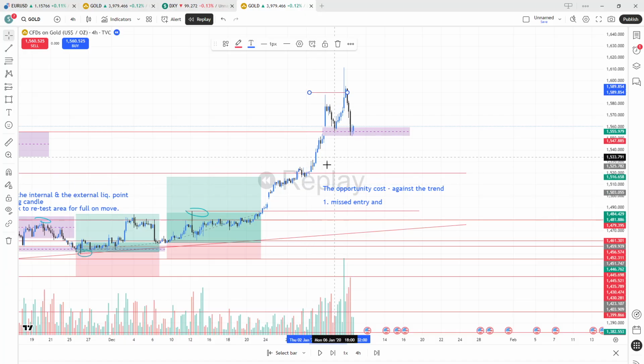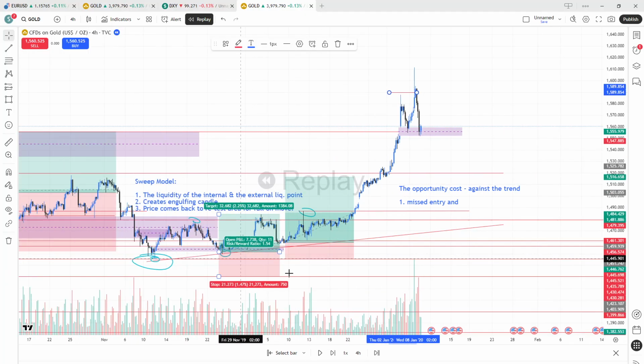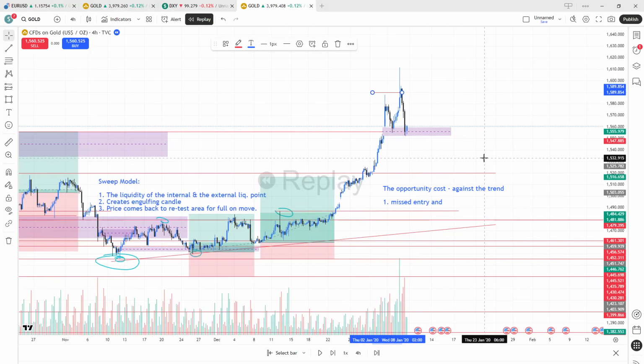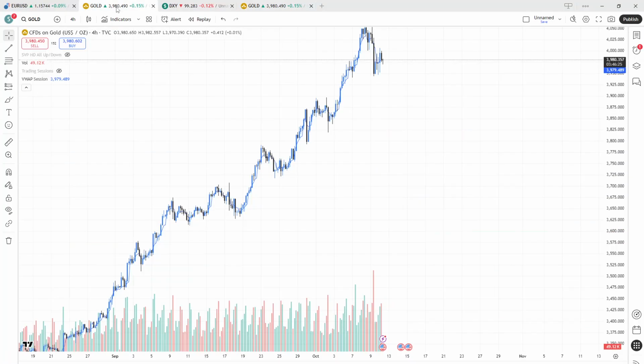BOS, right? But since our structure range is all the way down here, this is just a minor move to that big move up, right? So I would say it's pretty hard with gold right now, at this price level.